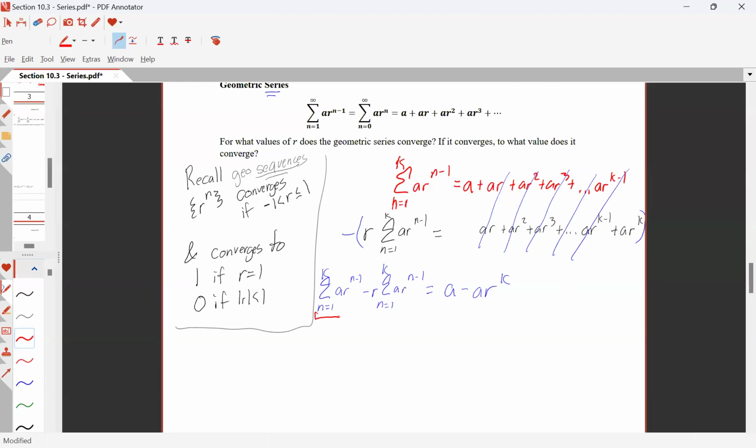These are just numbers, especially since they are just a partial sum. There is a finite number of things being added up. So we're going to factor that out to get the series n equals 1 to k of ar to the n minus 1 times, when I factor that out of both of these, I have 1 minus r.